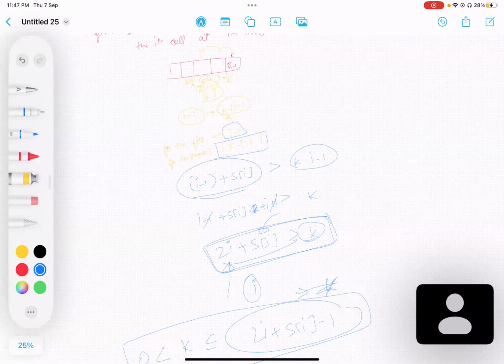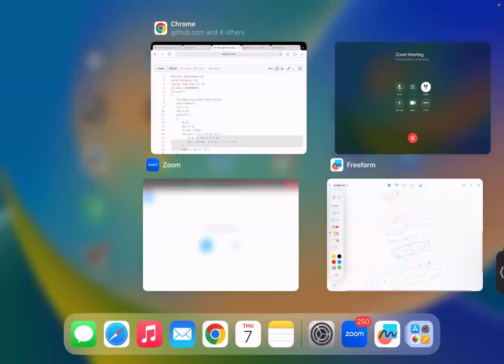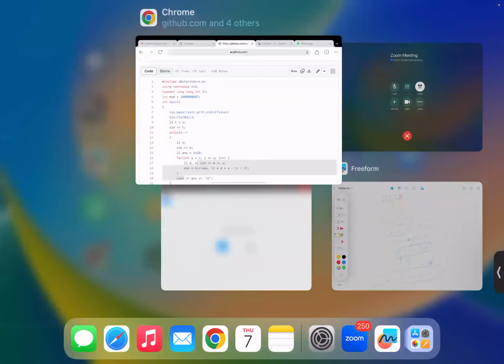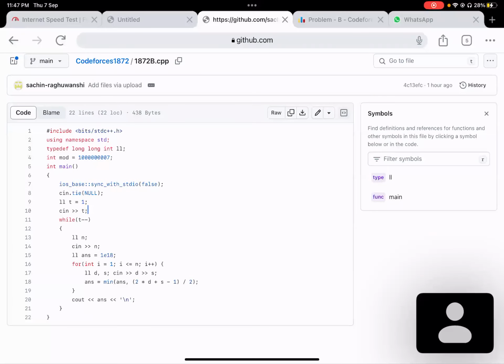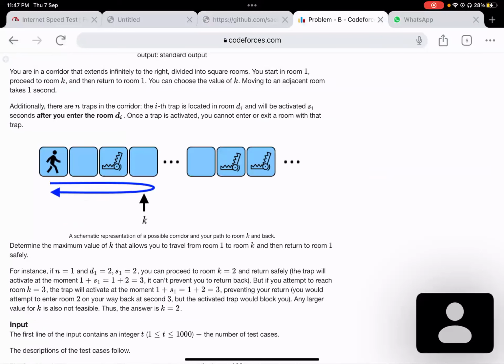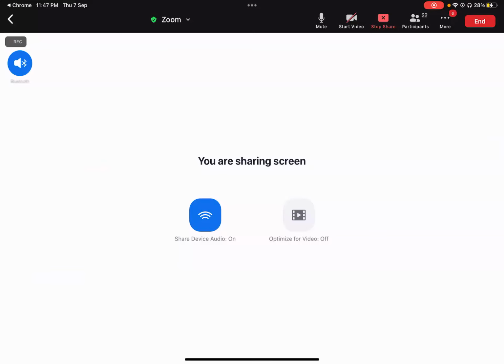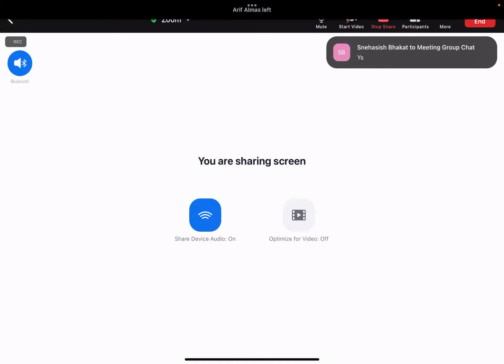So we took divide by 2 there, and that's why we are just taking the minimum of all of these, and we are just taking the answer, right? Now, is this question clear to all of you?